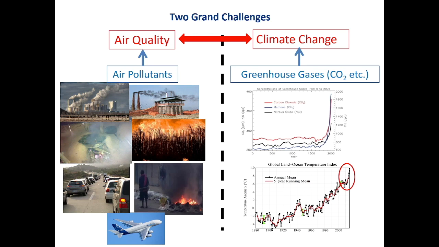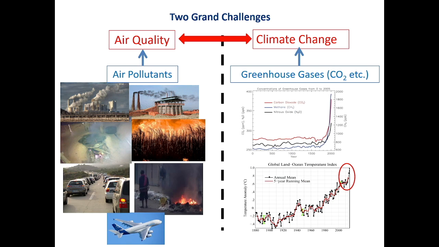We have already seen that over the last about a century and a half, the concentration of these greenhouse gases has increased tremendously, and it is leading to an increase in global warming. The average mean temperature of the land and ocean are both increasing because of the increase in greenhouse gases.